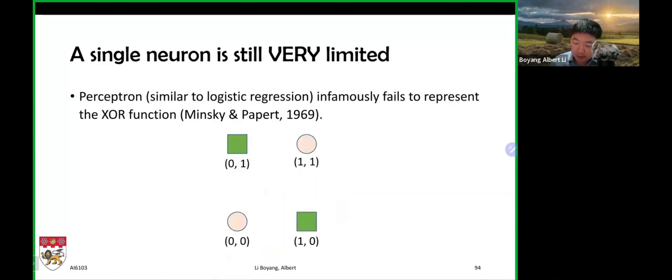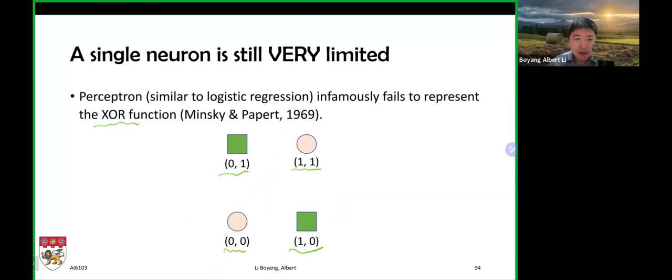But there are cases where a straight line will not work as a very good decision boundary, and this is a well-known example, the XOR function. The XOR function takes on one value when the two inputs are the same, and it takes on another value when the two inputs are different.